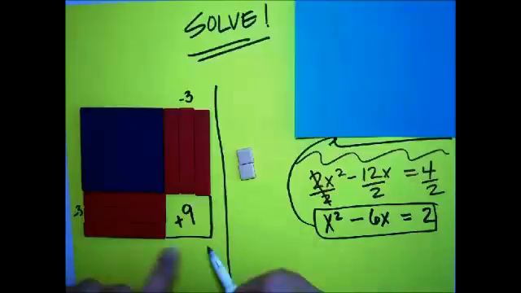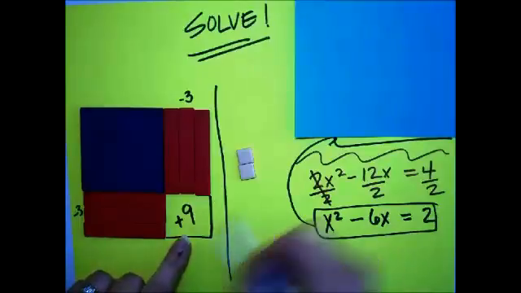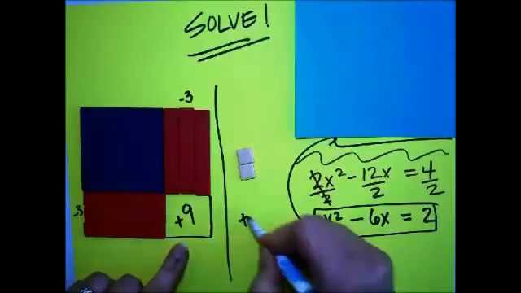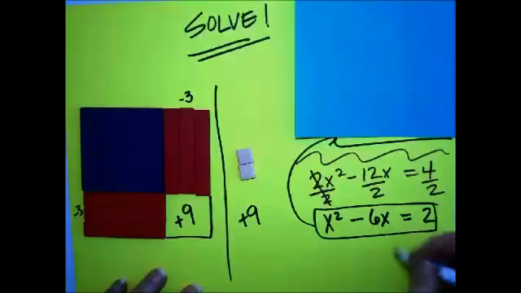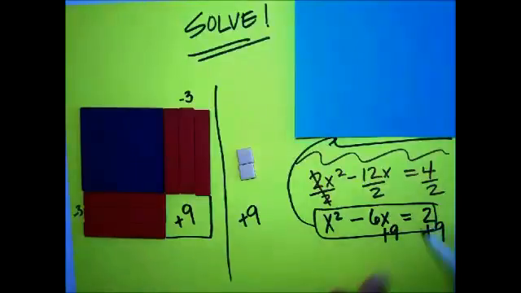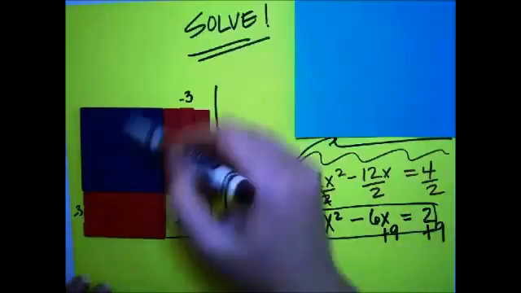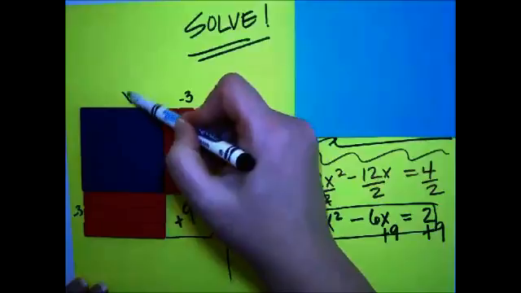And of course, if we add 9 to one side, we have to add 9 to the other. So if I'm writing this algebraically over here, I'm adding 9 and adding 9 to each side of the equal sign, one on one side and the other side. And let's look back at this. This dimension was an x minus 3, x minus 3.